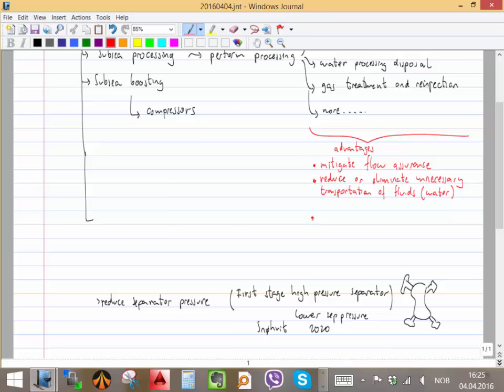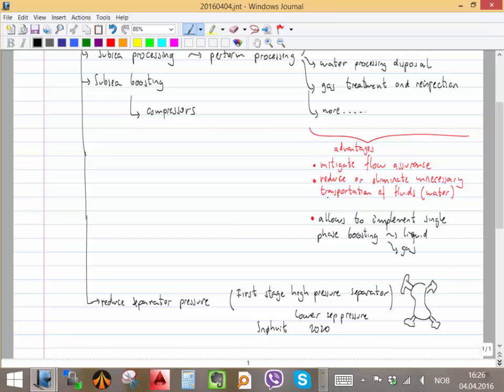Then one of the most important things it helps with is that it allows single phase pumping or boosting, either liquid or gas.